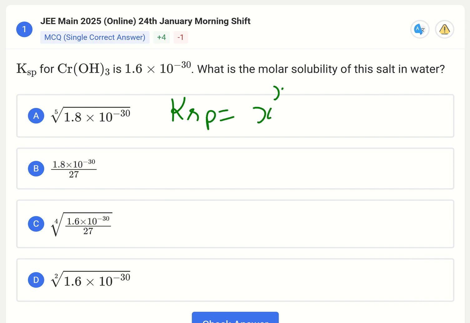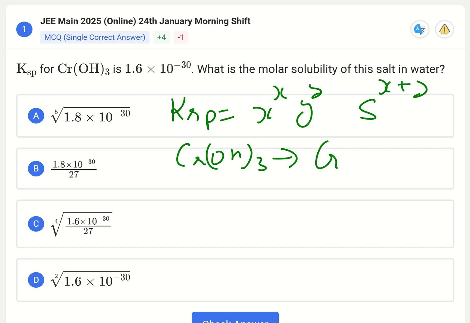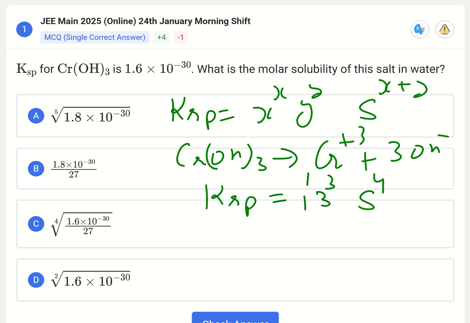KSP is equal to x raised to power x, y raised to power y, s raised to power x plus y. Now Cr(OH)3, how you will dissociate it? It will be Cr plus 3 OH minus. So that means KSP is equal to 3 raised to power 3, 1 raised to power 1, s raised to power 4, means KSP is equal to 4 s raised to power 4.